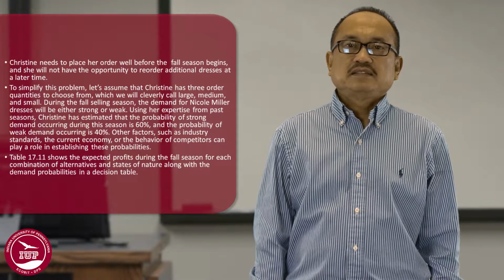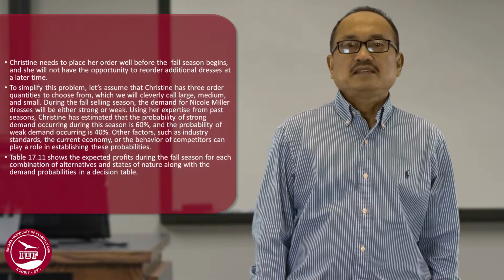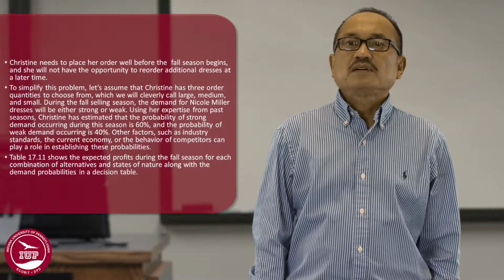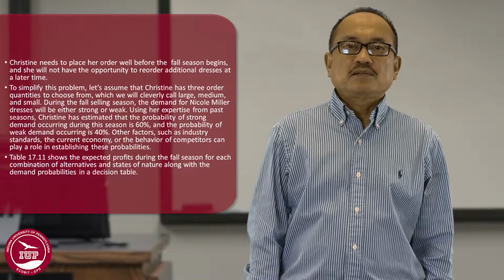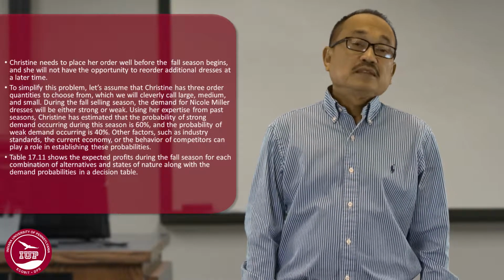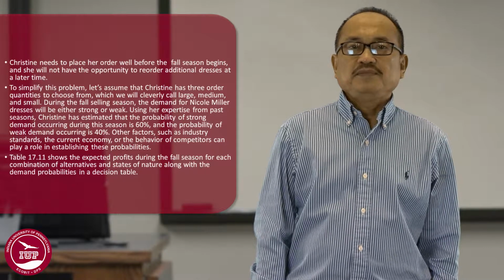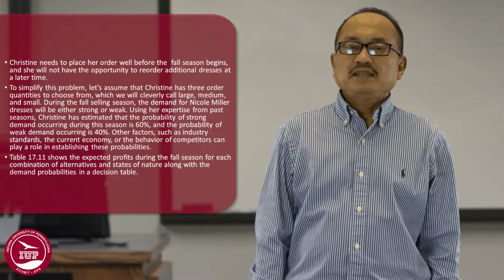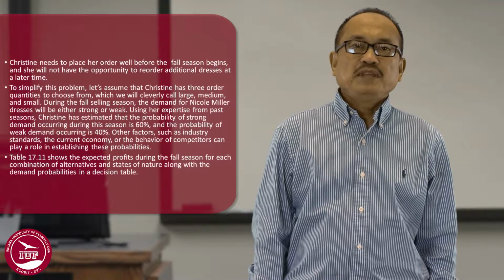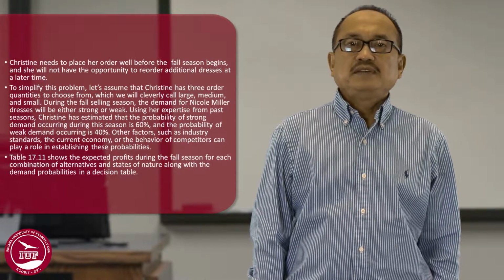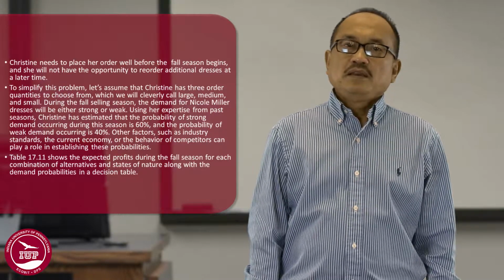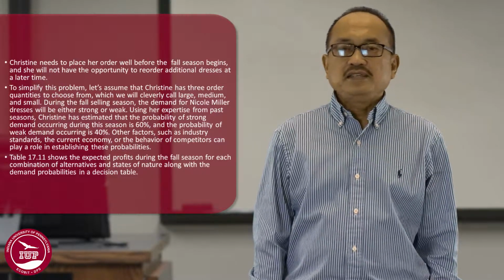Other factors, such as industry standard, the current economy, and the behavior of competitors, can play a role in establishing these probabilities. Table 17.11 shows the expected profits during the fall season for each combination of alternative and states of nature, along with the demand probabilities in a decision table.